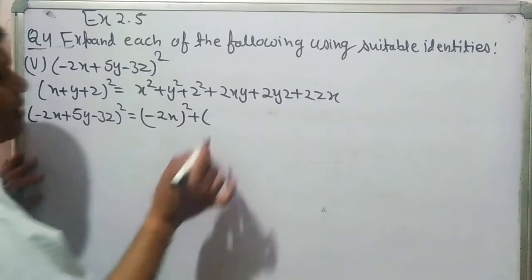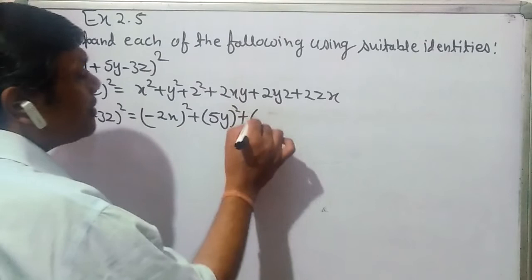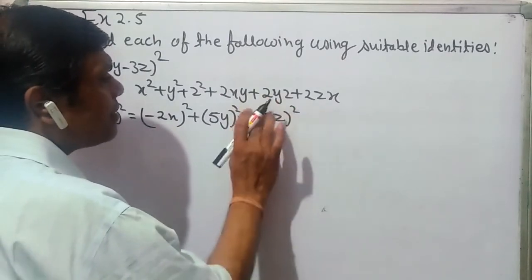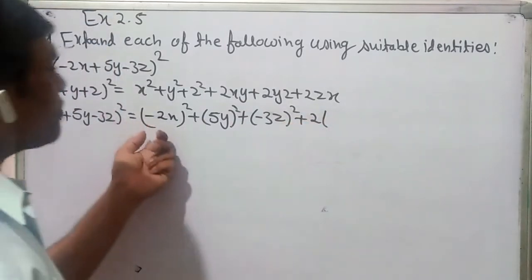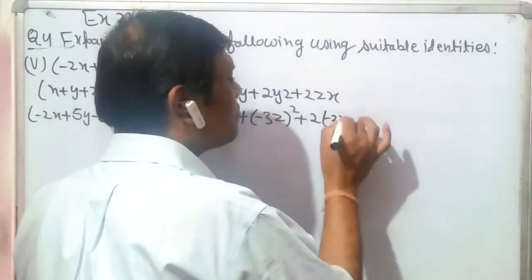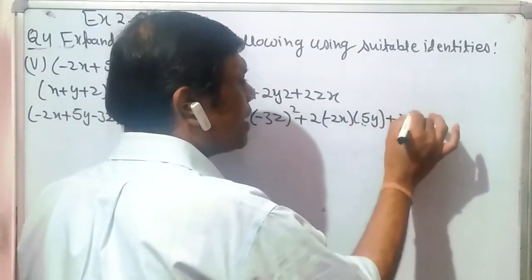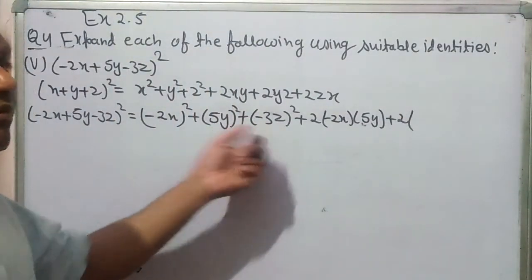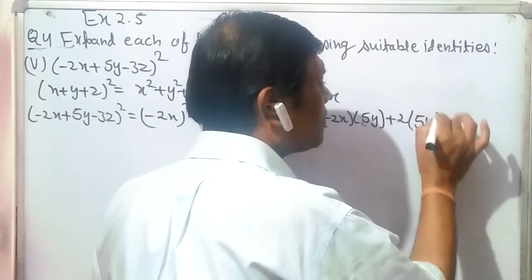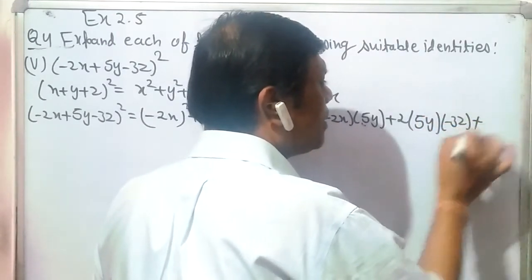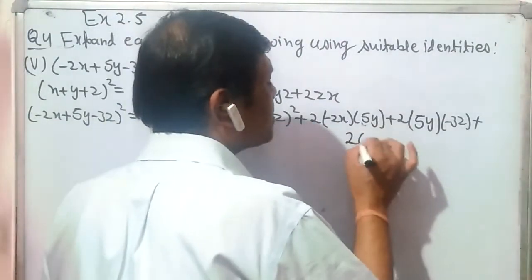Y square, that is (5y) whole square, z square, that is (minus 3z) whole square, plus twice xy, minus 2x into 5y, twice yz means 5y into minus 3z, and twice zx means minus 3z into minus 2x.